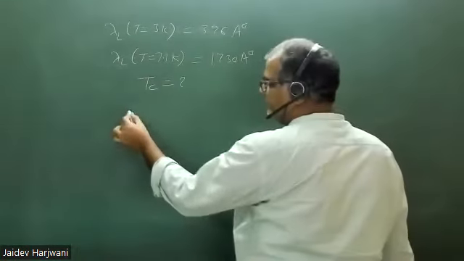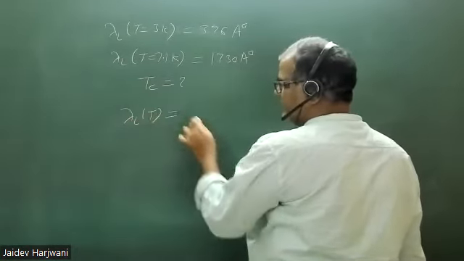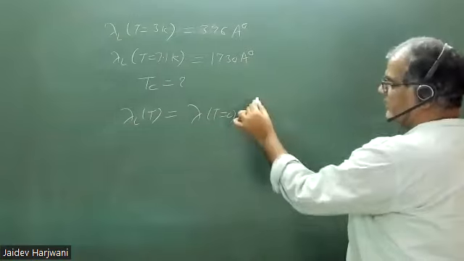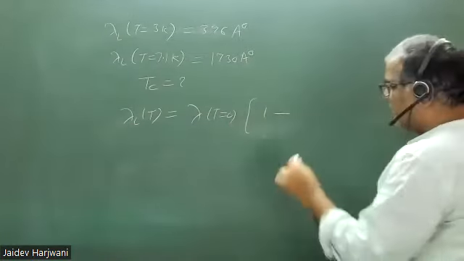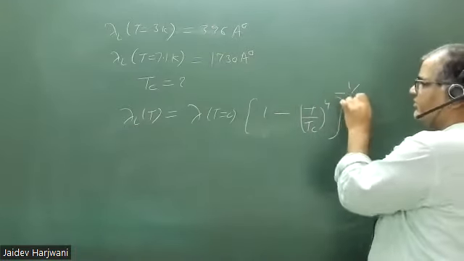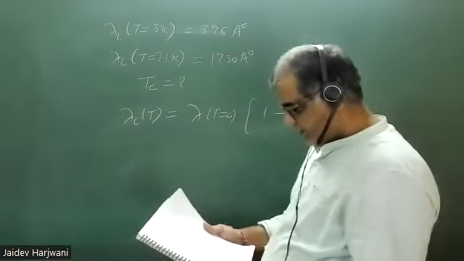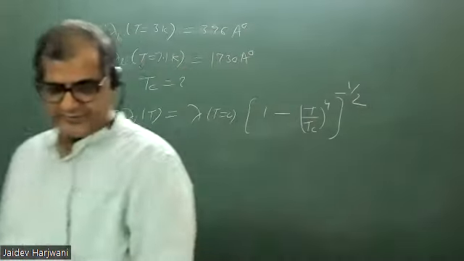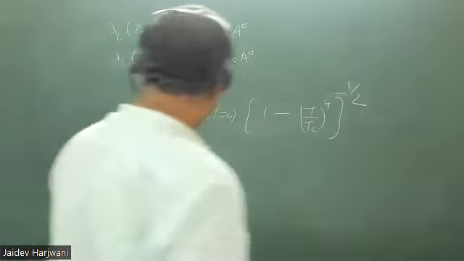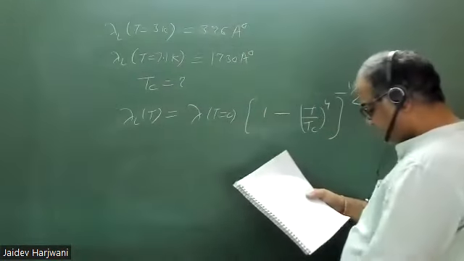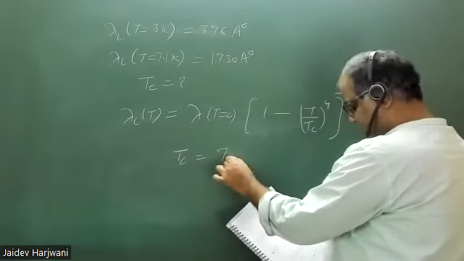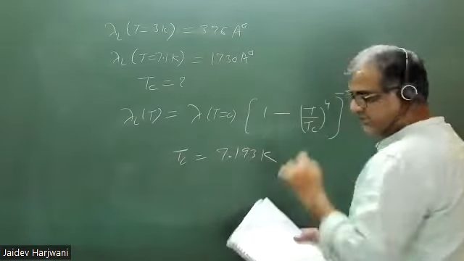If you have been given lambda(T), that will be same like lambda at T equal to 0, and 1 minus here this is changed. This is Tc power 4 and this is minus half. Put the values and calculate Tc. If you solve this, Tc value should come to 7.93 Kelvin. This is your homework.